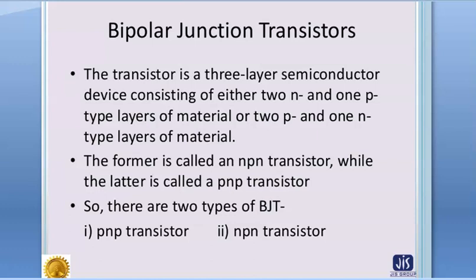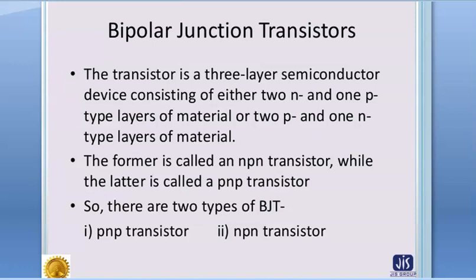For example, when an n-type is sandwiched between two p-type semiconductors, then it is called PNP transistor. And similarly, when a p-type semiconductor is sandwiched between two n-type semiconductors, then it is called NPN transistor. We will discuss about them a little later.